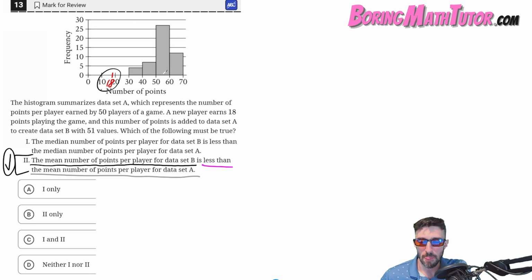Here's one example. Maybe out of all of the 27 players that are in this bar that are between 50 and 60 points in the game, maybe they all got 51. Now, if they all got 51, what would happen if you end up throwing in that new data value?